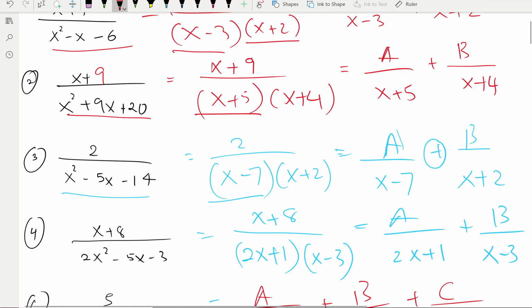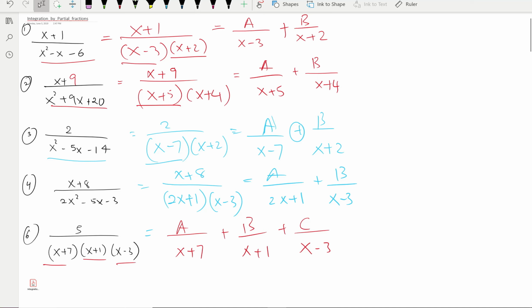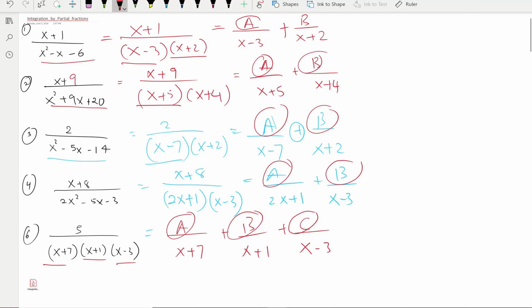Now the question is how to find this A and B, or A, B and C. How do you find those numerators? Because the final step of decomposition is to evaluate these constants. But here's the thing, I do not want to focus on finding constants right now. Let's do that a couple of videos after, because let's first go through several different cases, like what do you do when you have repeated factors? How do you write the decomposition?